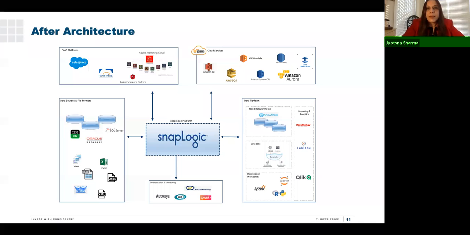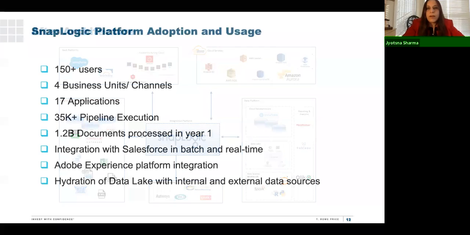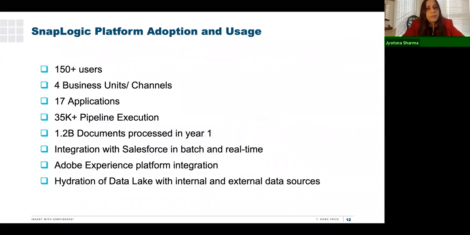Moving on to the next slide, a little bit about where we are right now. We started our SnapLogic journey just about a year ago. And we did it with our usual checklist: proof of concept, infrastructure setup, security hardening, et cetera. We had our first production implementation in April of 2020.